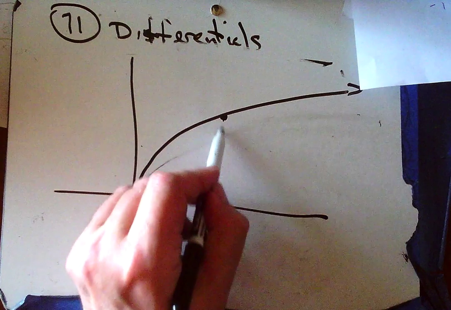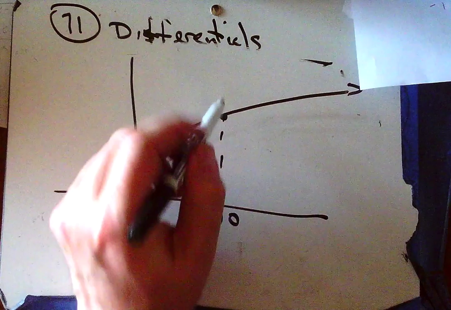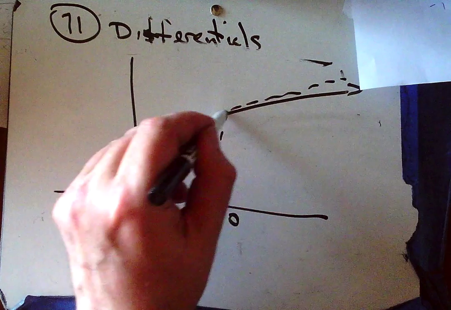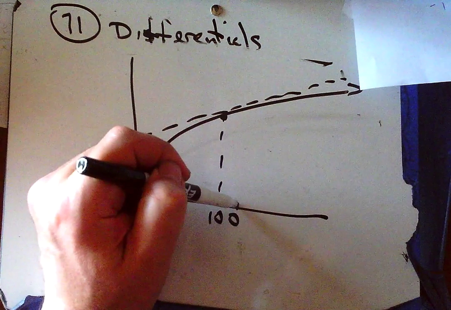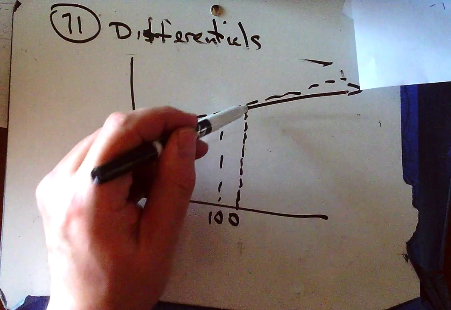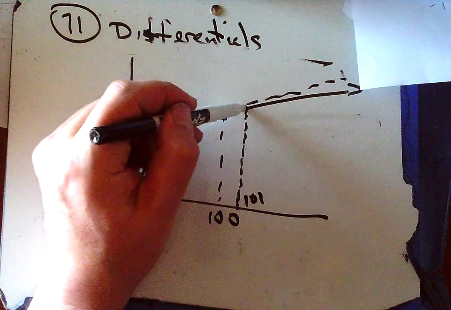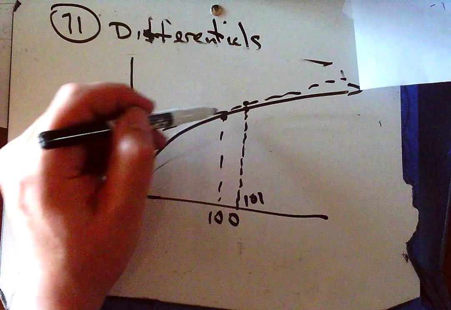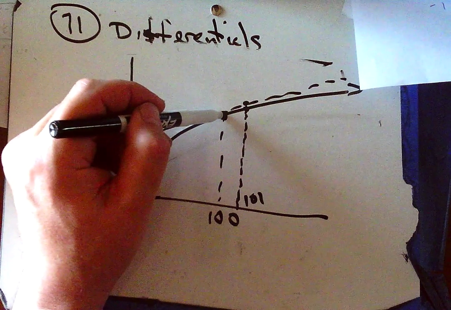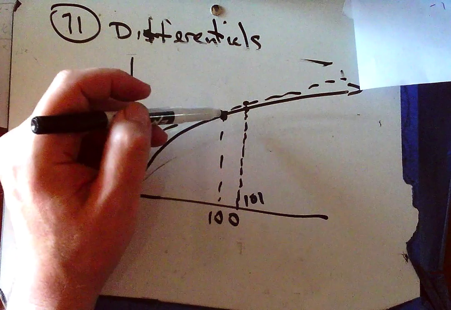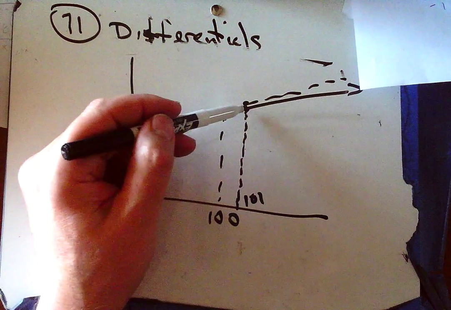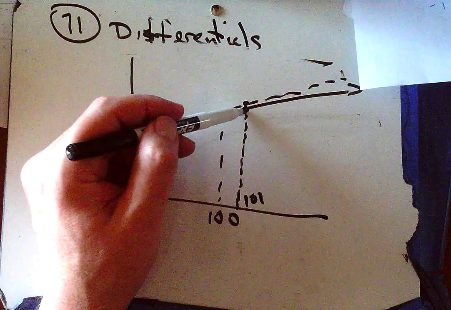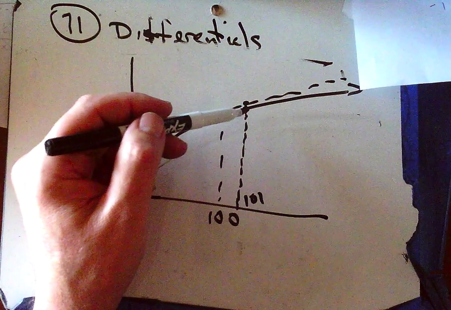So I've got this point over here, and I'm saying that's 100, and I got a tangent line here. And what I'm doing is saying, well, I'm going to go over to 101 and say, at the point of tangency, the tangent line and the function have the same y value, have the same slope, but nearby, they're still pretty close to each other.